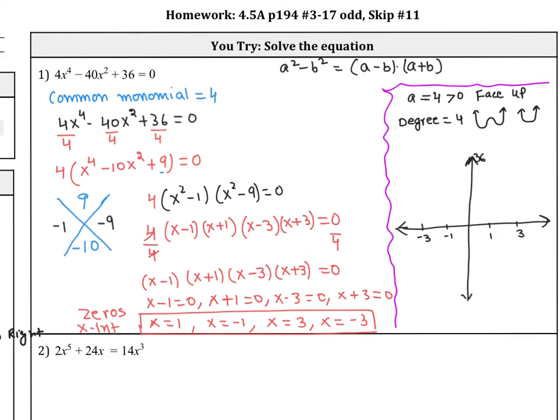So the graph looks like starting from the upside, it's going to cross at negative 1, then touch the y-axis at 36, cross at 1, and cross at 3. It's going to be a W-shaped graph facing upward.